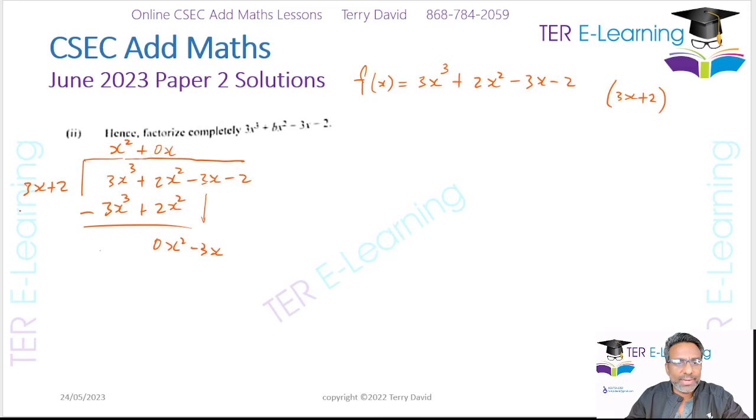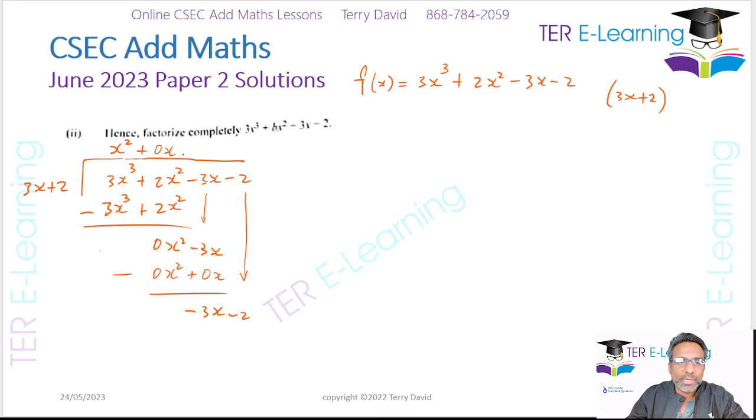So 0x by 3x is going to give me 0. Then 0x by 2, you're going to have plus 0x here, right? When I subtract this, I'm going to get minus 3x, right? You're going to bring down this minus 2 here.